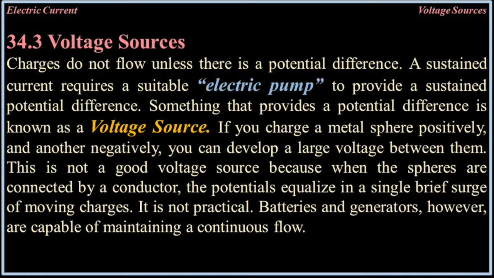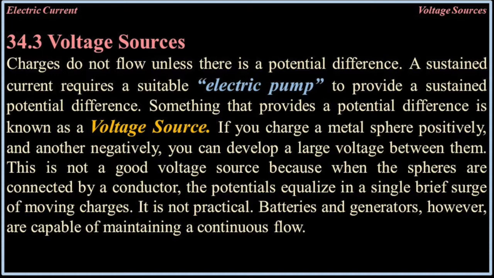34.3. Voltage sources. Charges do not flow unless there is a potential difference. A sustained current requires a suitable electric pump to provide a sustained potential difference. Something that provides a potential difference is known as a voltage source. If you charge a metal sphere positively and another negatively, you can develop a large voltage between them.